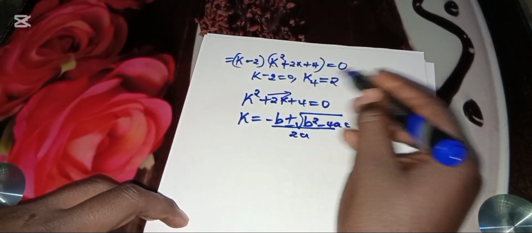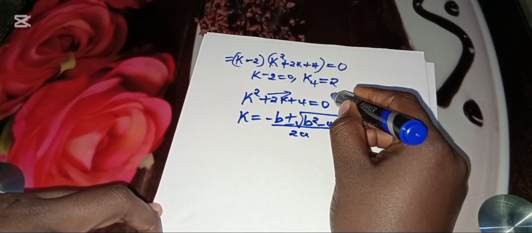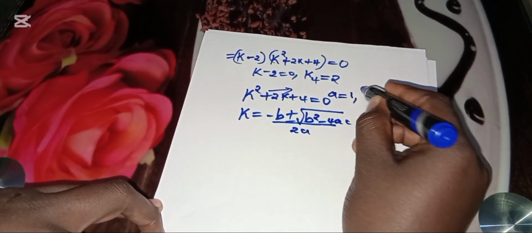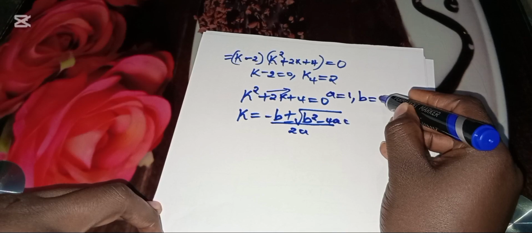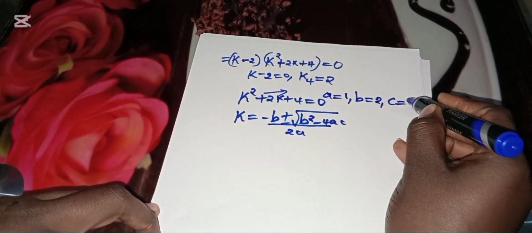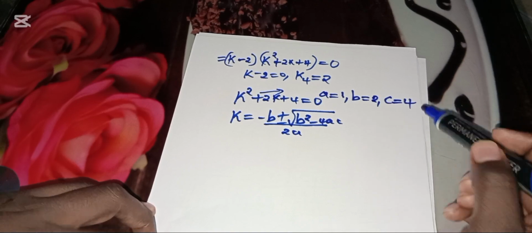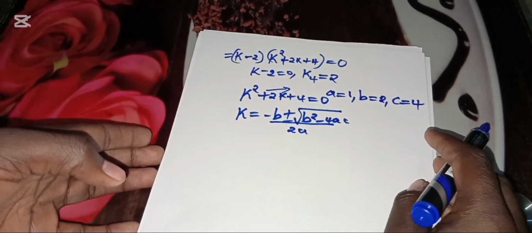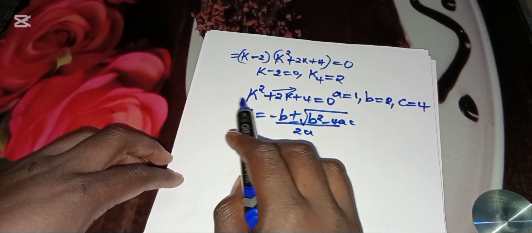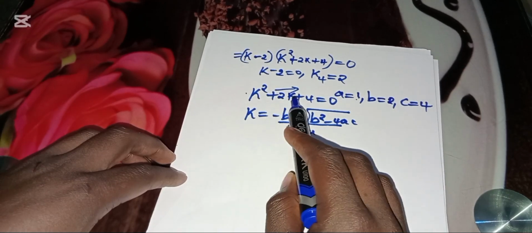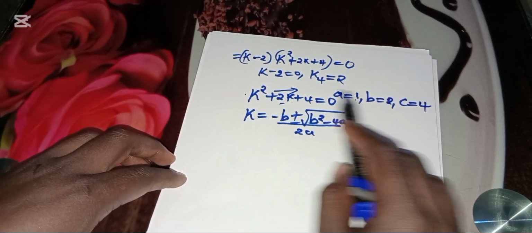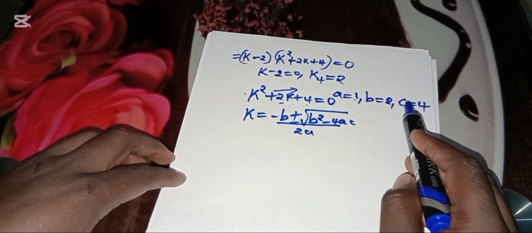From our quadratic equation, a is given as 1, b is given as 2, and c is equal to 4. These are the coefficients: for k squared the coefficient is 1, for k the coefficient is 2, and the constant c is 4.